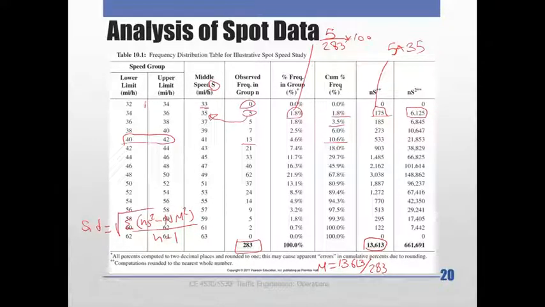These numbers I already calculated, because the sigma ns square is this guy, 661,691, and this is minus n, which is 283, multiplied by my mu square.